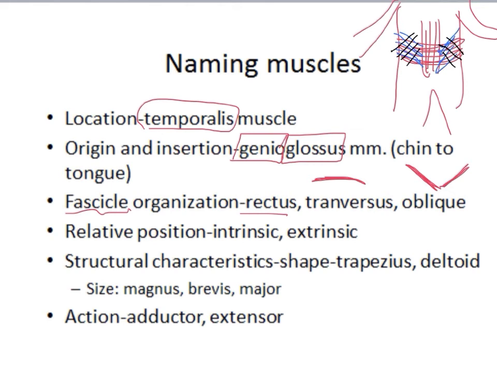Relative position: intrinsic and extrinsic. I'll give you an example here, talking about the eyeball. The eyeball contains smooth muscle that allows you to dilate your pupil. That would be the muscle of the iris. You also, and we'll see this in chapter 17, have the lens that is held up by little muscles called the ciliary muscles or ciliary body, and they let you change the shape of the lens.